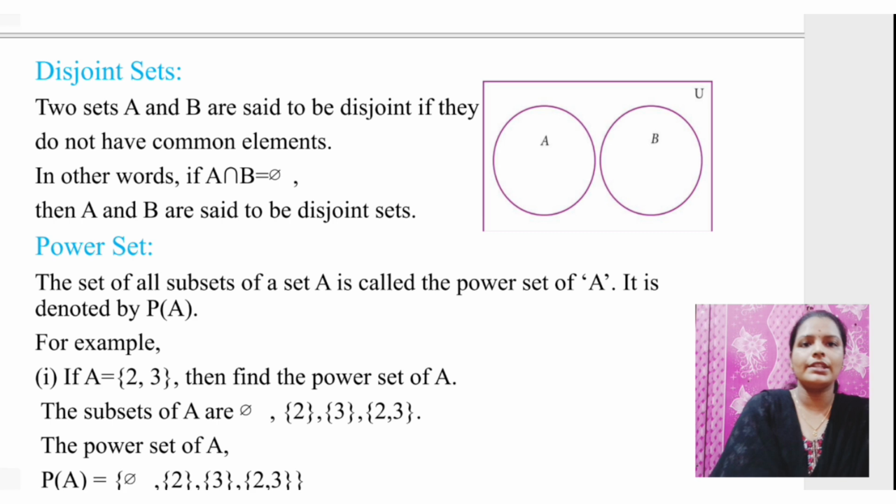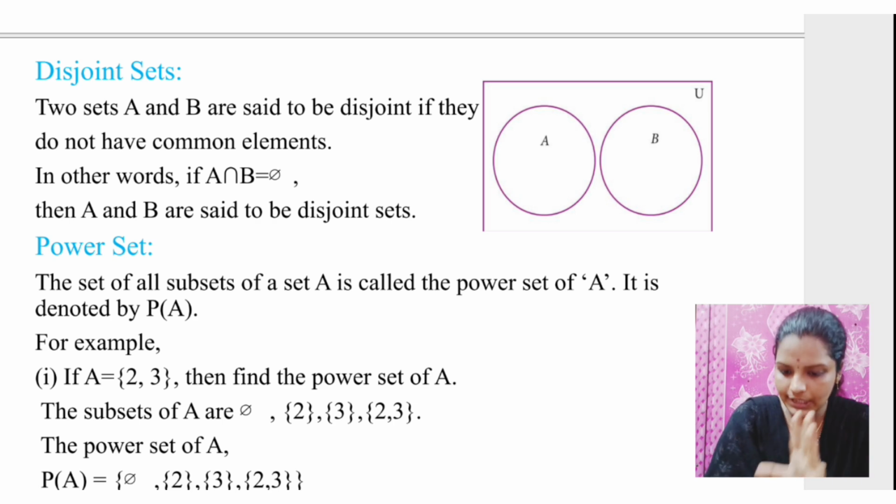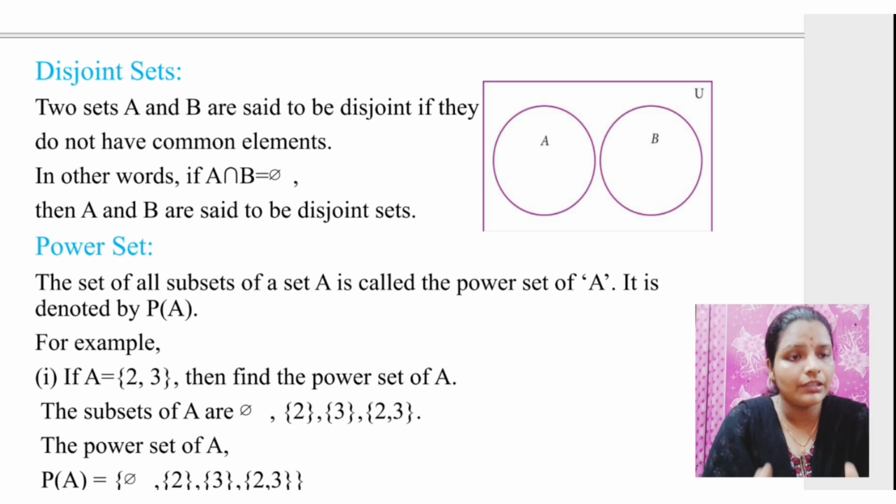Next, disjoint sets. Two sets A and B are said to be disjoint. Disjoint means obviously they are not together, they are separated, if they do not have common elements. So the sets A and B are separated, that is they don't have any common elements, then we call it a disjoint set.